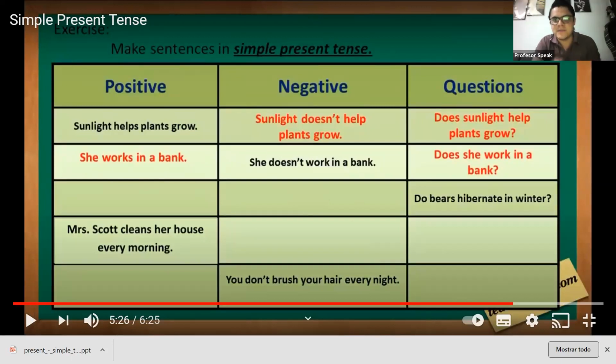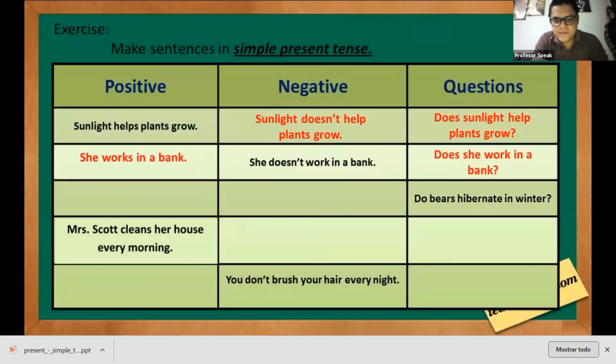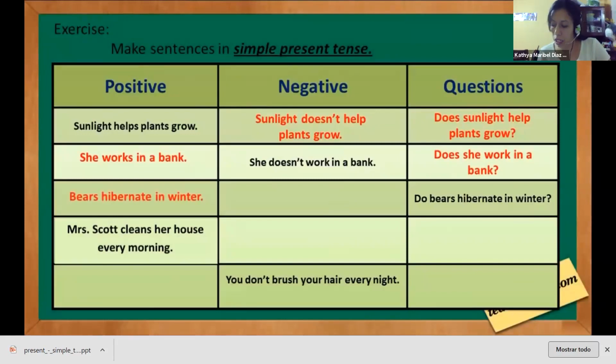Great job. The third one, do bears hibernate in winter? The positive statement should be, bears hibernate in winter. And the negative statement should be, bears don't hibernate in winter.